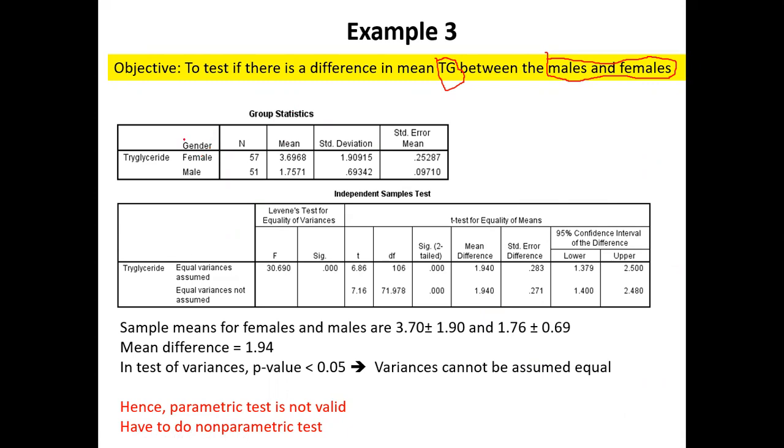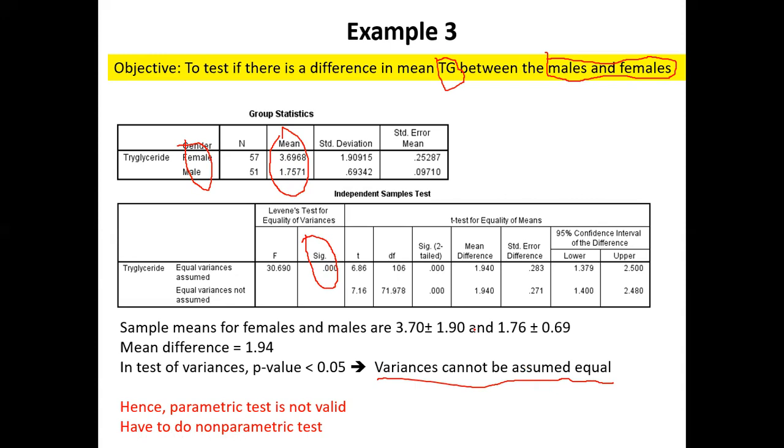This is diabetic, DM, and no DM. What's the mean TG? The mean for diabetic is 3.53, and non-diabetic is 2.23. Right. So look at the variance. It's smaller than 0.001. So the variance is different, not equal.